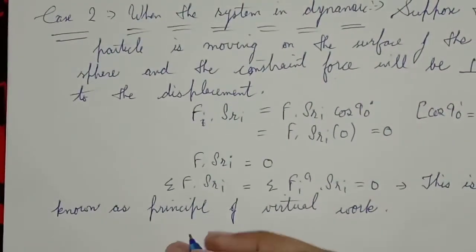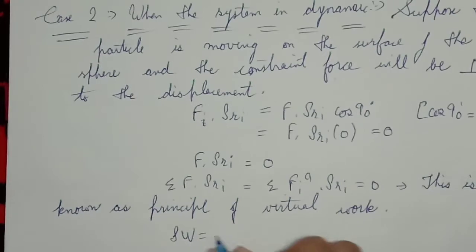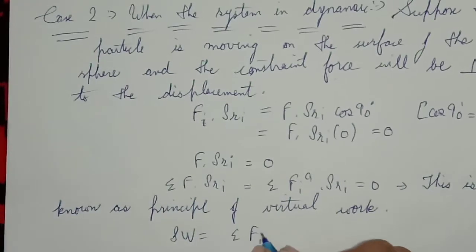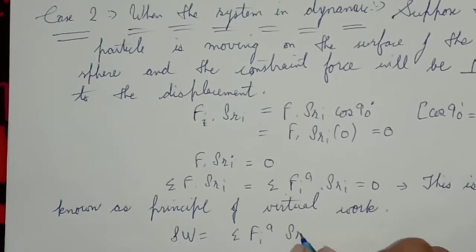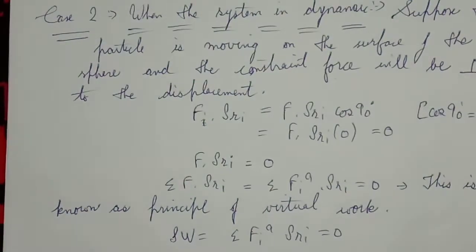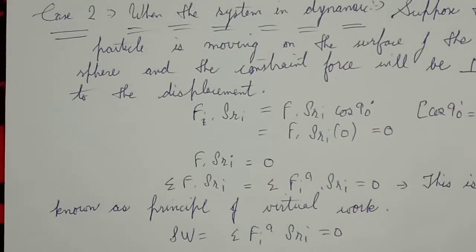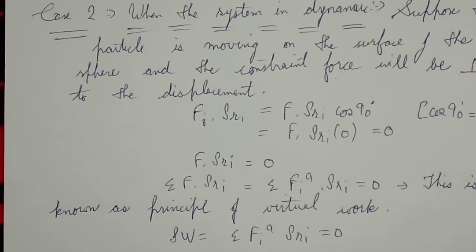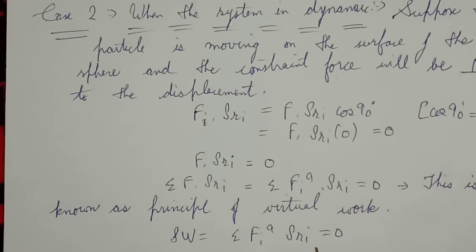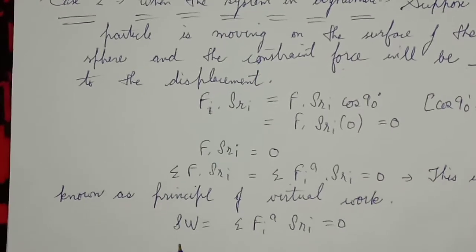So we get delta W equals summation Fia dot delta Ri, because the constraint force is perpendicular to displacement. So we get small work equals summation applied force into virtual displacement. This is our virtual work.